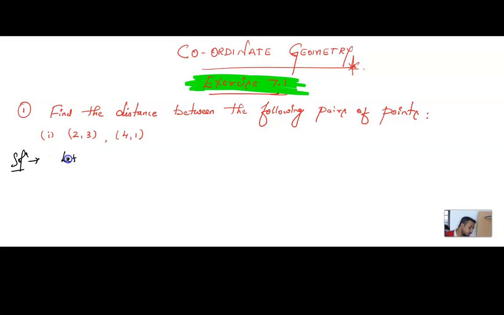Let me assume the first coordinate as A and the second coordinate as B. Always assign capital letters for this, A, B, P, Q, X, Y, as you wish, no problem. So let A be the point (2, 3) and B be the point (4, 1).